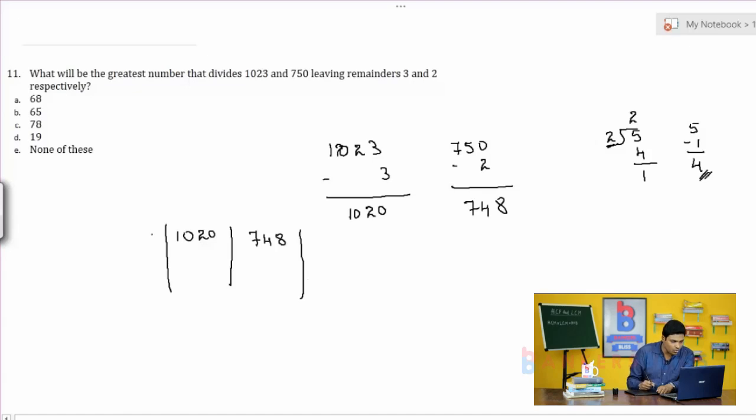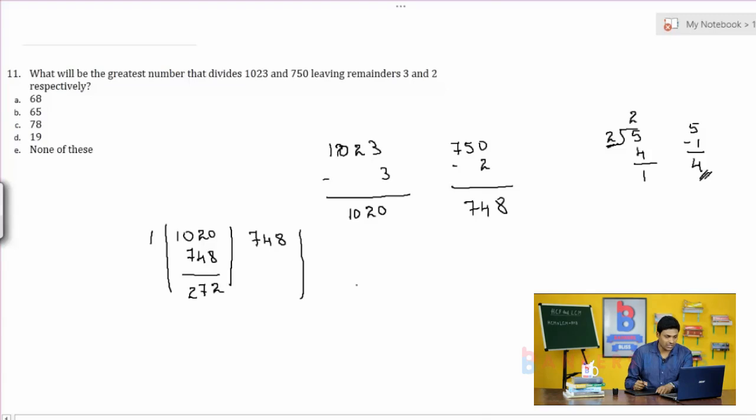So, you divide 1020 by 748. So, 1 times 748. So, 10 minus 8, 2. Next, 11 minus 4, 7. 9 minus 7, 2. Next, 272. 748, how many times? See, 2 4s are 8, means 800, which is more than 748.